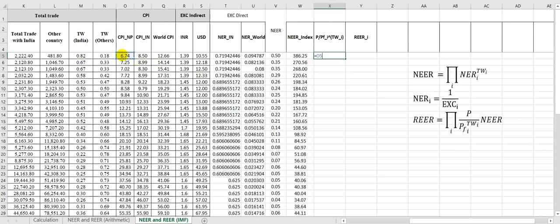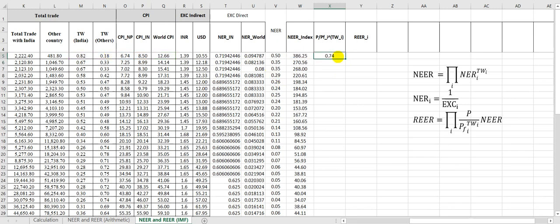So now for Nepal, I'll take the CPI of Nepal divided by the CPI of India to the power of its trade weight, and I'll be using the geometric average, so times the world CPI to the power of its trade weight.